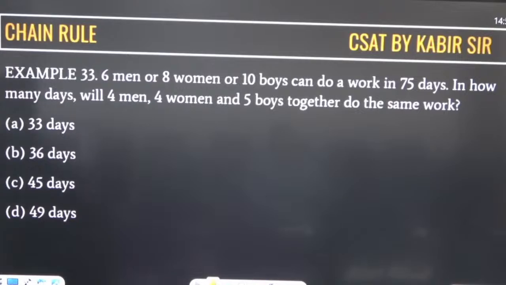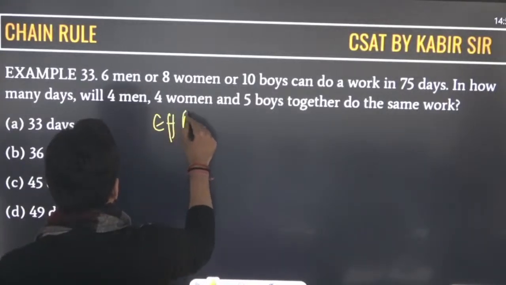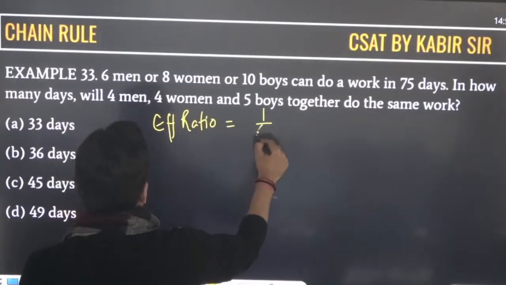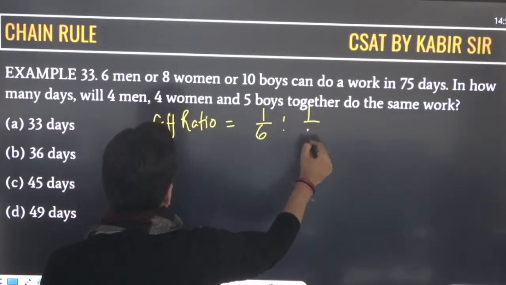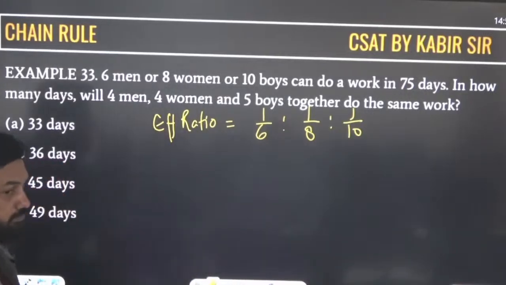6 men or 8 women or 10 boys can do a work in 75 days. So days are common here, so you can leave that. Right. So the efficiency ratio will be 1 upon 6 is to 1 upon 8 is to 1 upon 10, right?